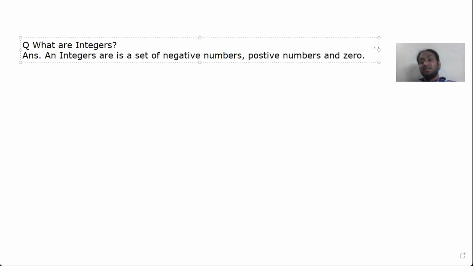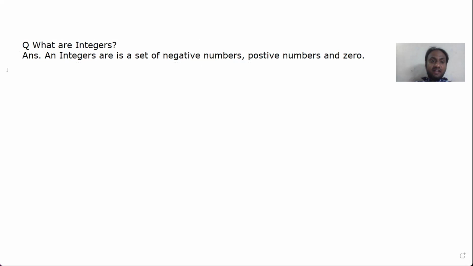That means 0 is the only number in the entire number series which is considered a neutral number. It is not positive and not negative. That's why an integer is the collection of positive numbers, negative numbers, and 0.